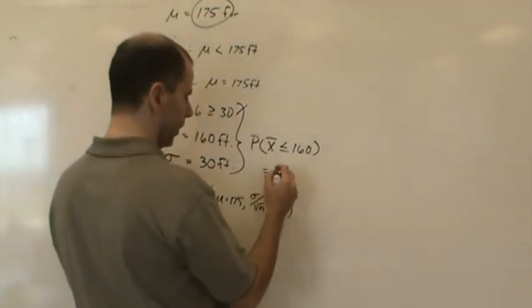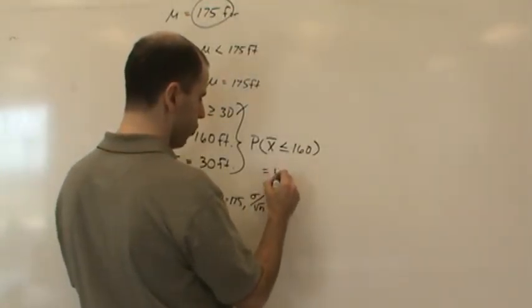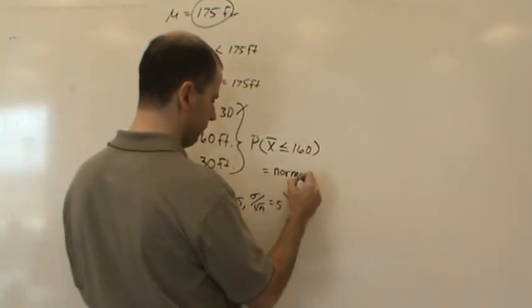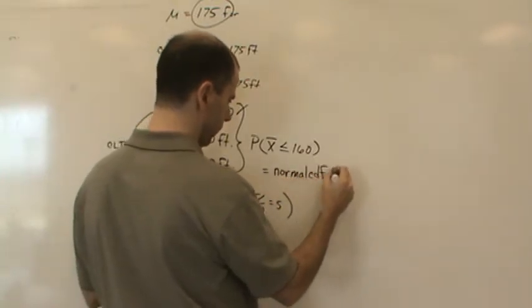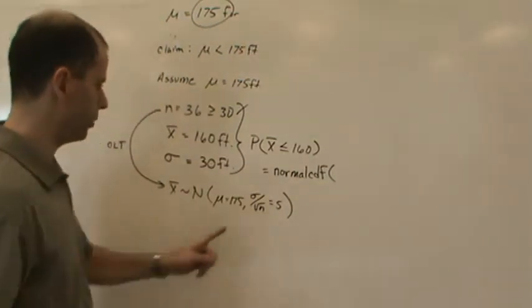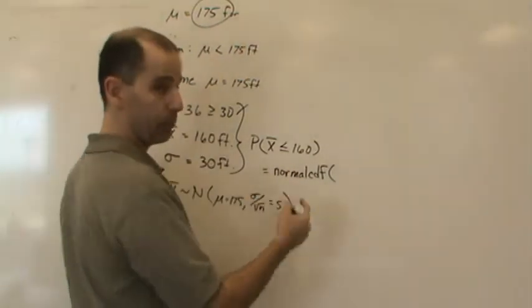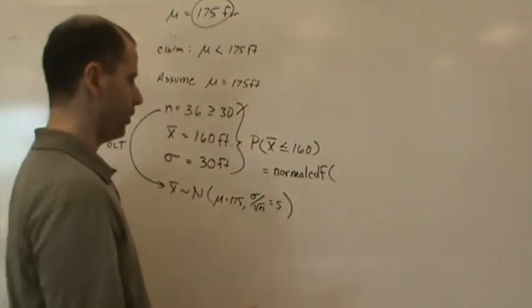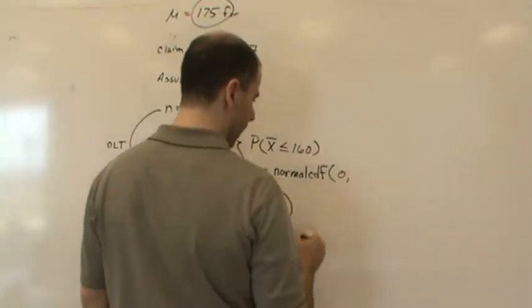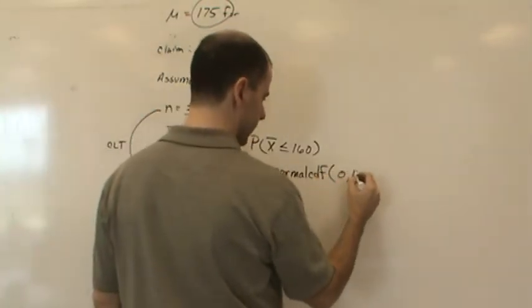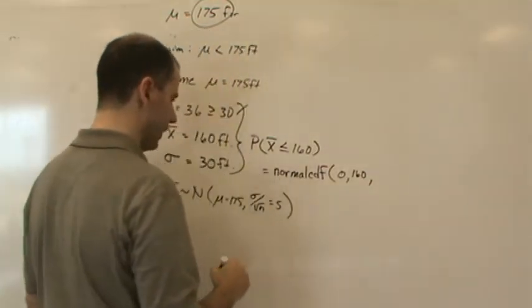Now, we're going to use normal CDF, okay? And the lower bound here is what? The lower bound is going to be 0, right? Braking distance can't be negative, so we could use 0 here. The upper bound is going to be 160. The next thing is the mean.